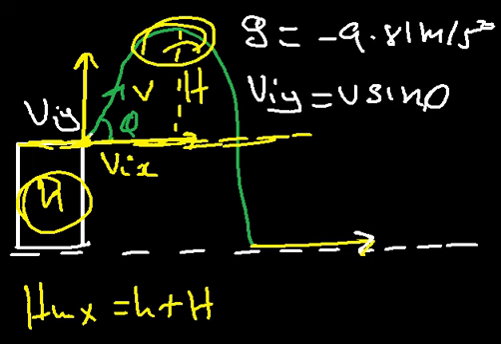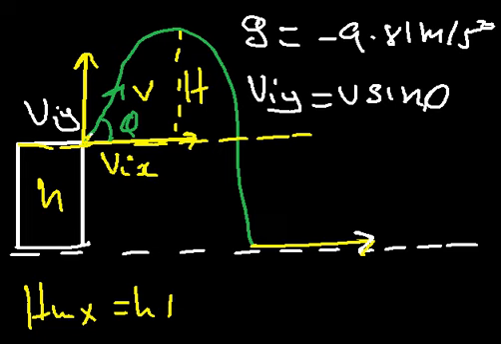The summation of these two heights gives us the overall height of the object from the ground up to the maximum point. So now you know what is happening there.